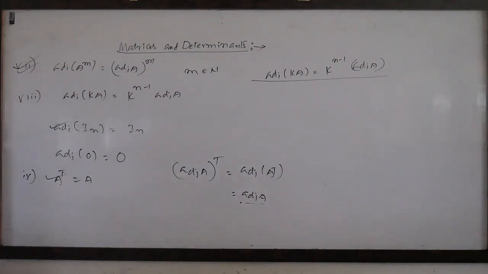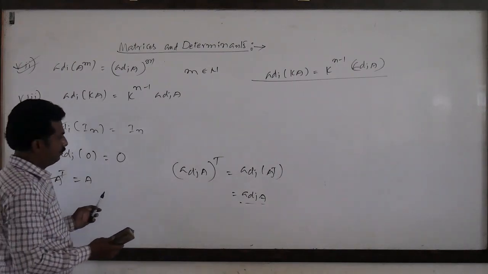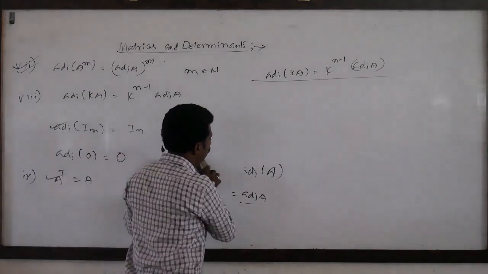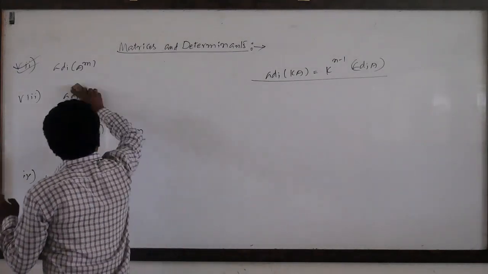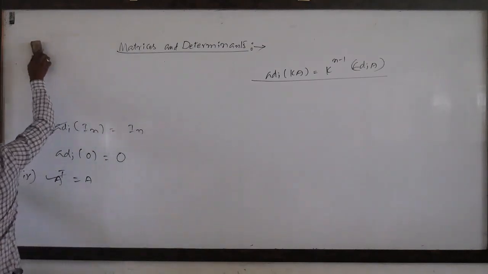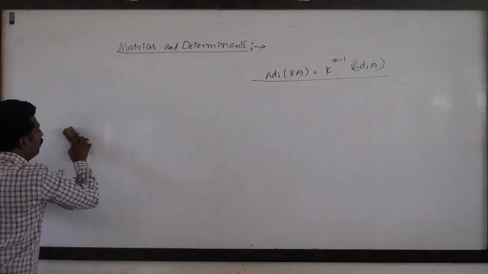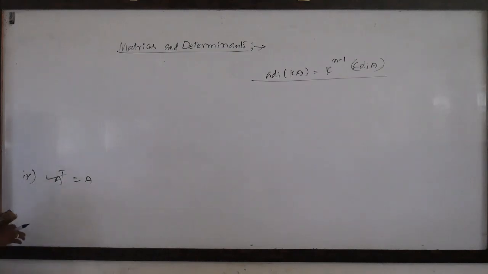So A is symmetric matrix means adjoint of A is also symmetric matrix. Next. A is singular. What is adjoint of A?